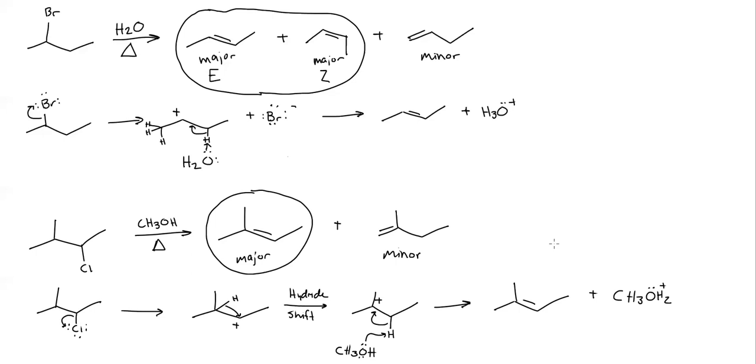So I think that is all that I'll mention about E1. I think E1 is substantially easier than E2 because there's not as much going on, but I think the mechanism is a little bit more in depth, right? We have a carbocation intermediate, but that's not anything we haven't seen before, right? So just remember that with the carbocation intermediate, I can also have rearrangements. Okay.